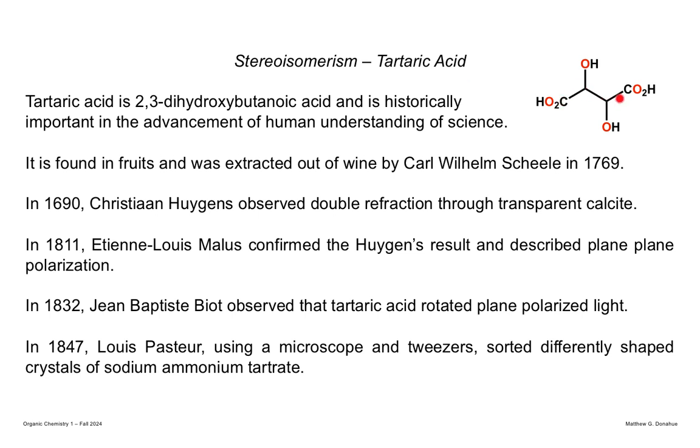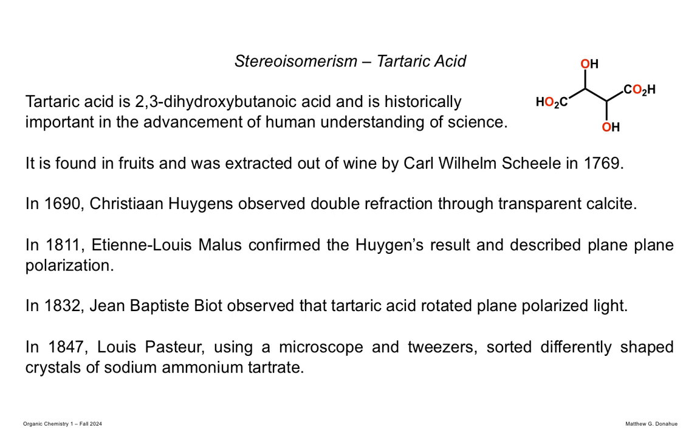There are 4 carbons. At carbons 2 and 3 are alcohols. So this is 2,3-dihydroxy. Butanoic acid isn't exactly correct. It should be like dibutanoic acid, because at carbons 1 and 4, there are 2 acids.